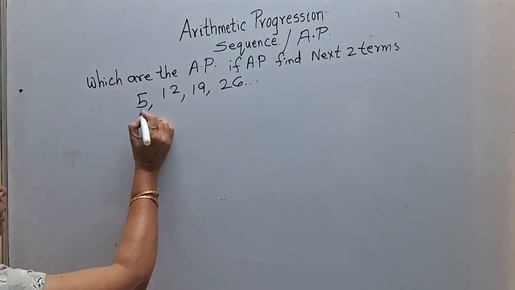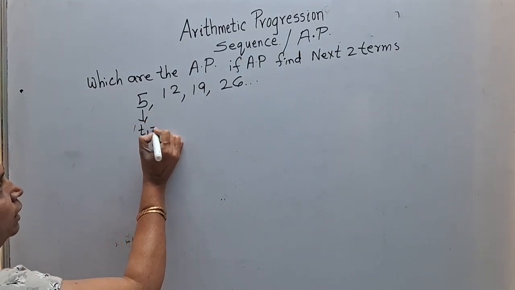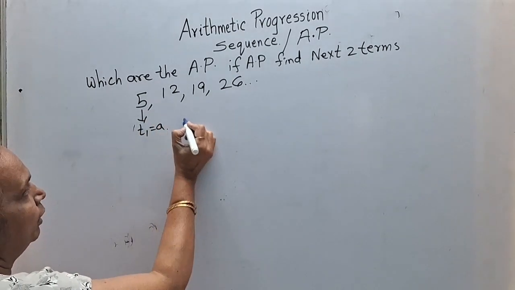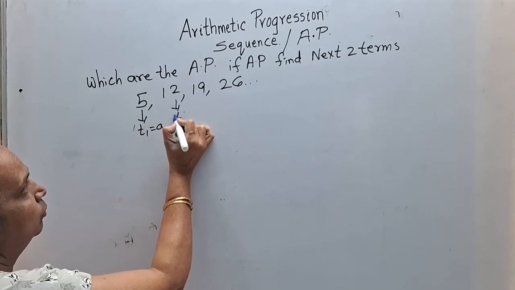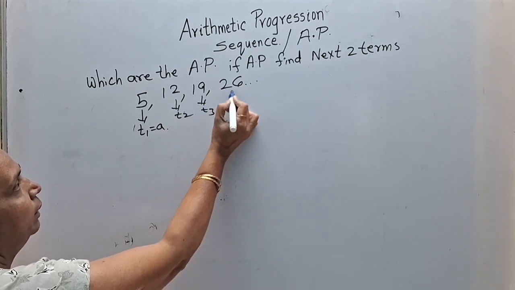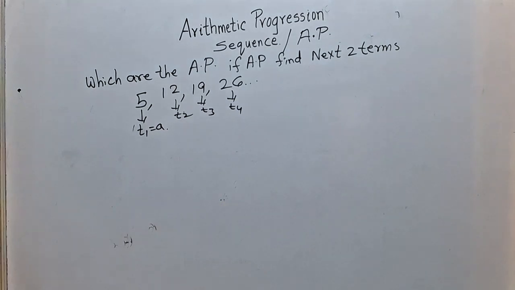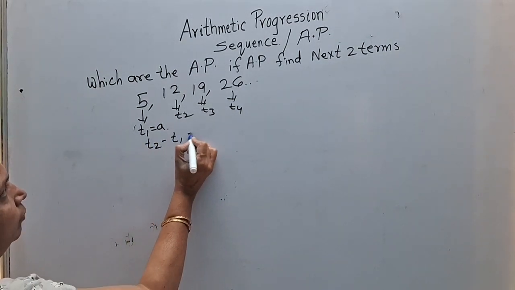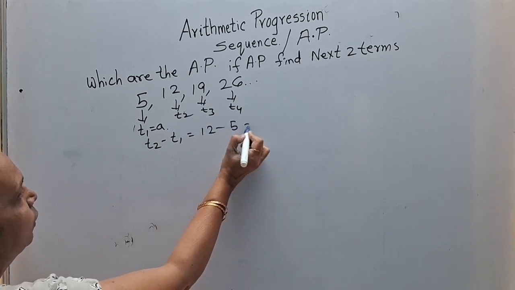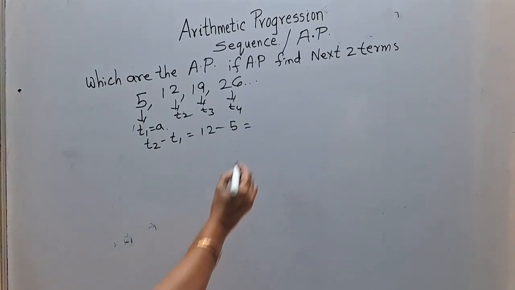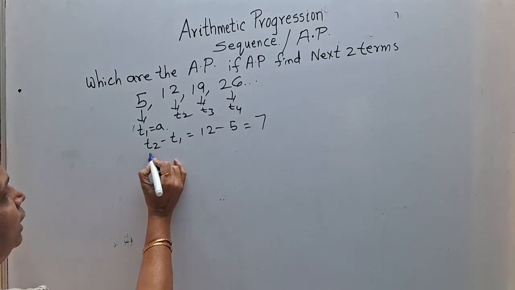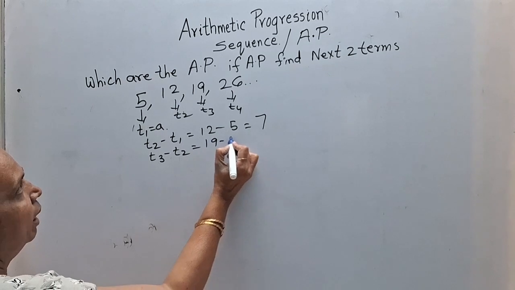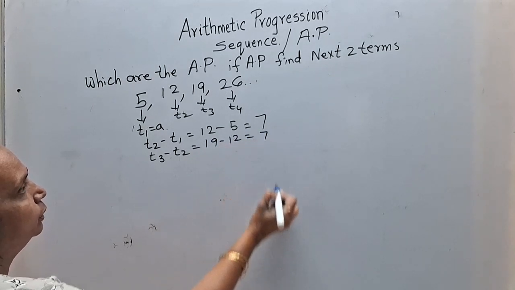Now I told you this is nothing but T1, that is nothing but A, and just find out the common difference. That is how you are going to find out. This is your T2, this is your T3, and this is your T4. Okay, so you are going to find out T2 minus T1, that is 12 minus 5, that is equal to 7. Again you try T3 minus T2, that is 19 minus 12, that is also 7.